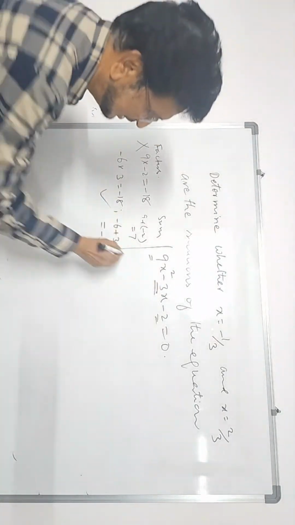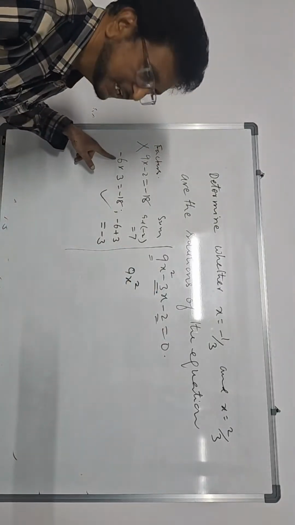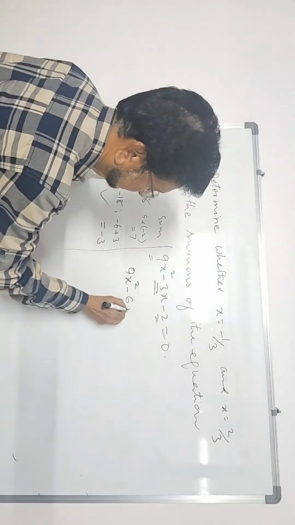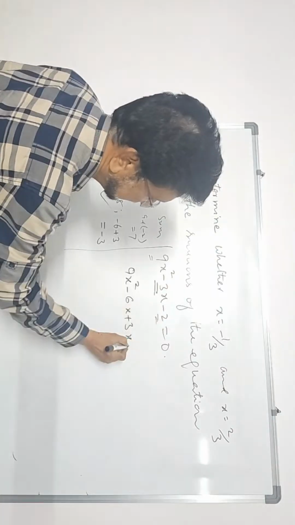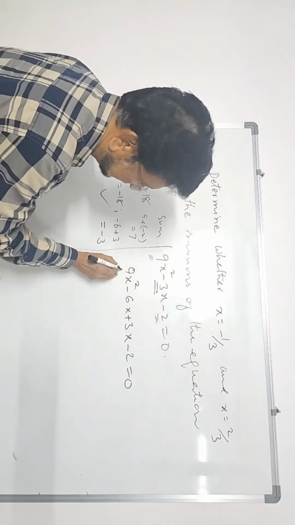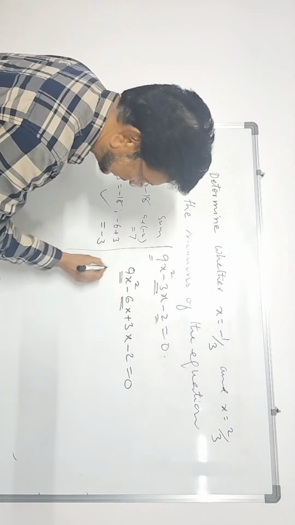In place of 9x square minus 3x, we shall write 9x square, and in place of minus 3x, I shall write minus 6x plus 3x. Remaining as it is. Now, what do you take common? 3 into 3x, 3 into 2x here. 3x you take common.